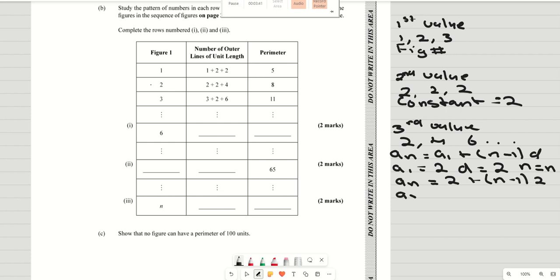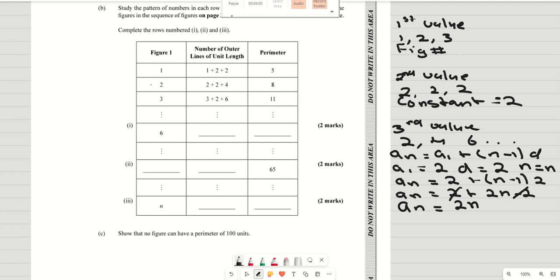That is AN equals 2 plus 2N minus 2. The 2 and minus 2 cancel out, so AN is equal to 2N. If you could not have seen that, I am actually multiplying my figure number by 2 to get this last set of values.